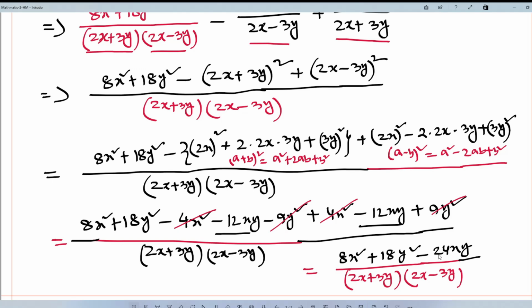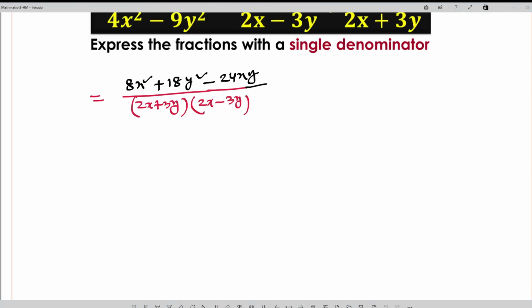Hope you understand this. We do the next step on the next page.